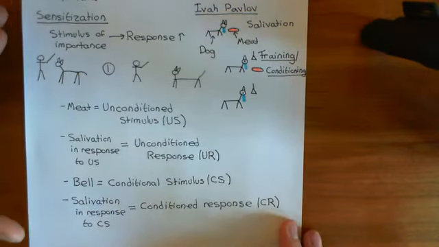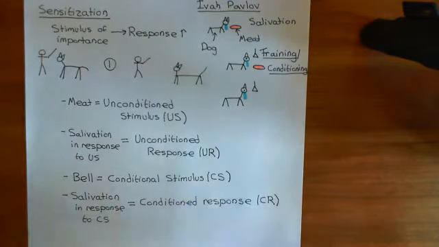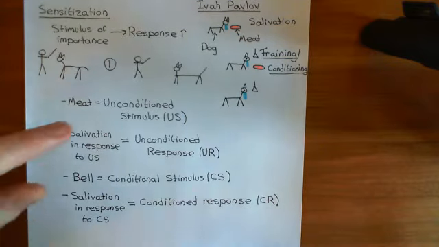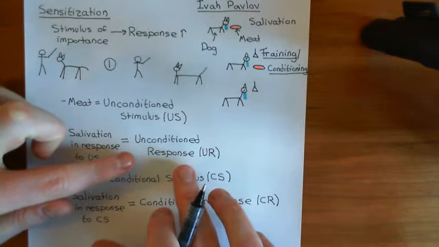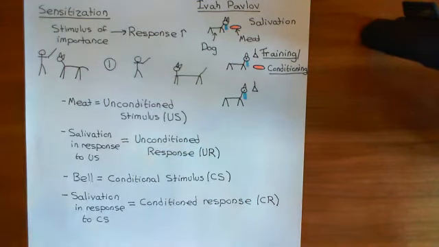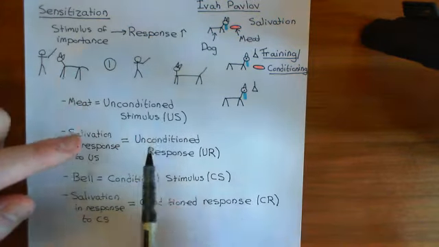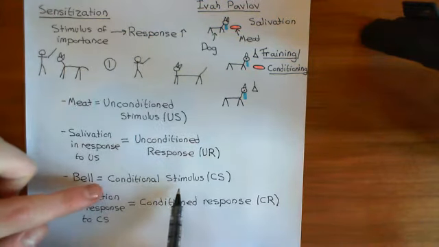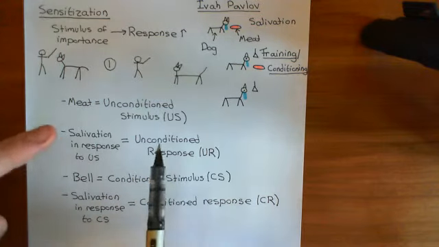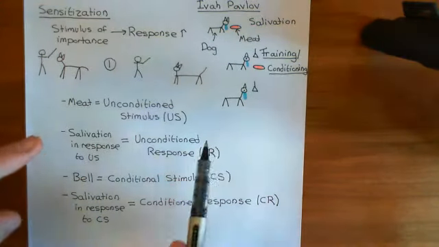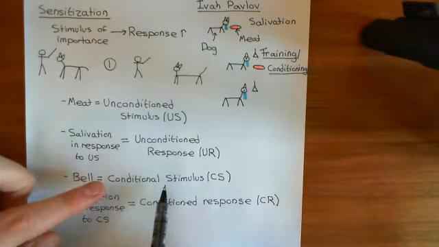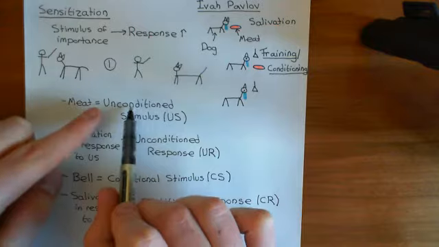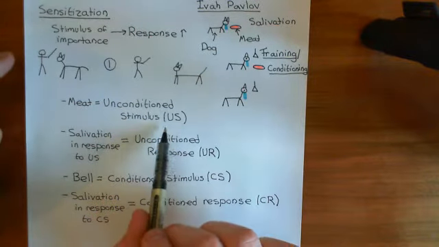Let's run through the entire thing. If you present the unconditioned stimulus, you will get the unconditioned response. If you then go through the process of conditioning and pair the unconditioned stimulus with the conditional stimulus, then in the training process, when you present both stimuli, you will get the unconditioned response because you presented the unconditioned stimulus.